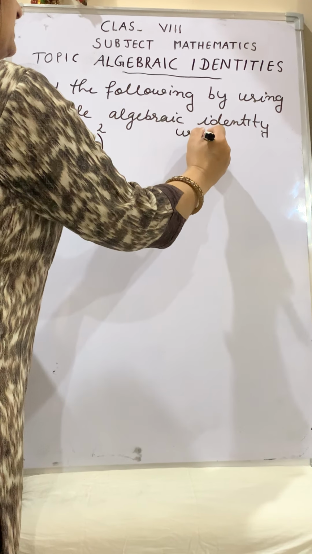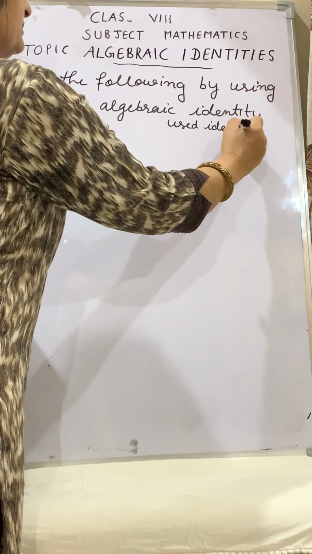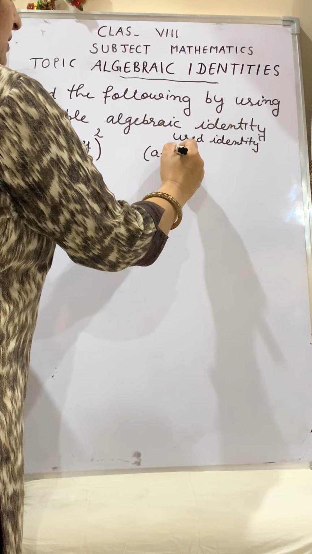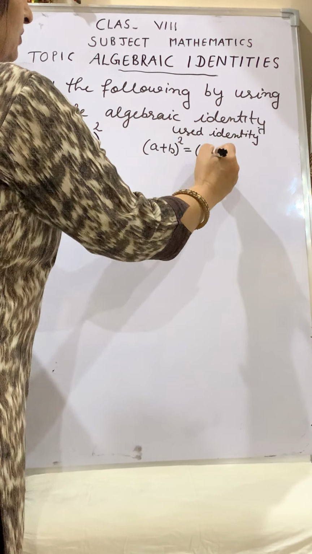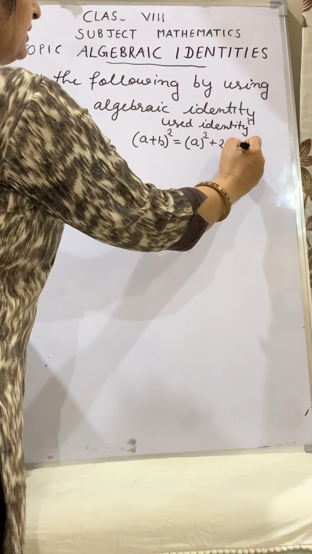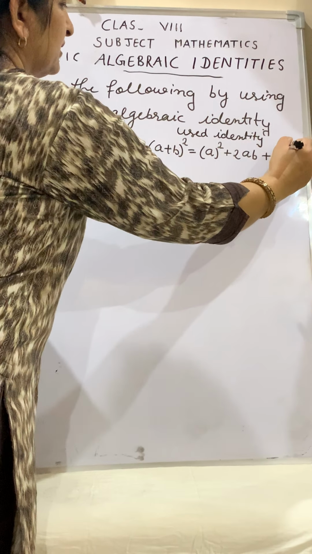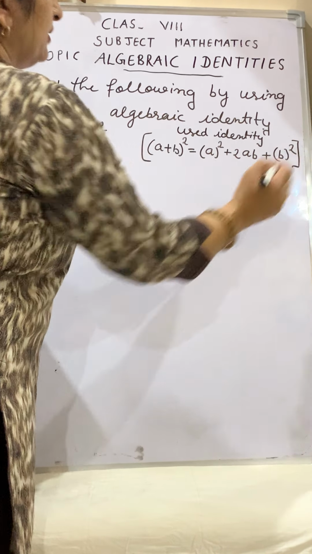What is the first algebraic identity? (a + b) whole square is equal to whole square of first plus twice of a and b plus whole square of second. You have to use the identity in brackets.